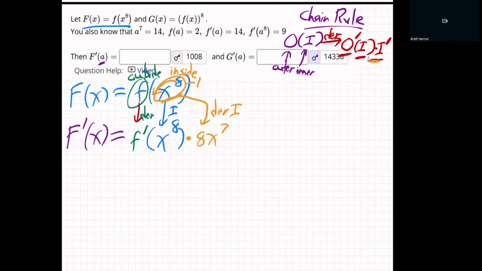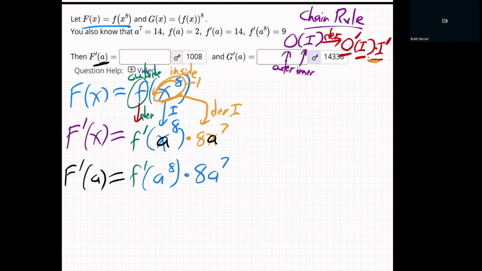And specifically, they want f prime of a. So we just stick a little a there and a little a there where the x was, because that's the insert slot, right? Little f prime of a to the 8 times 8a to the 7.